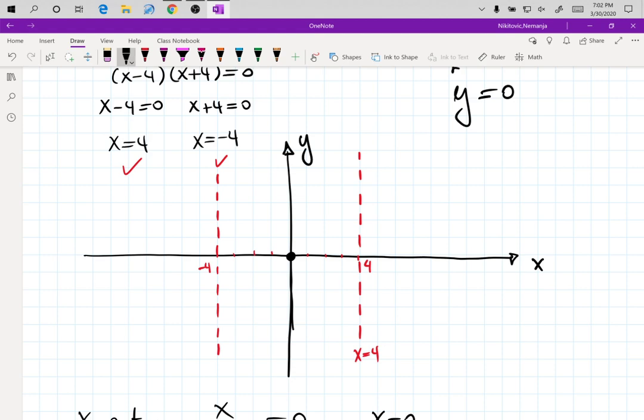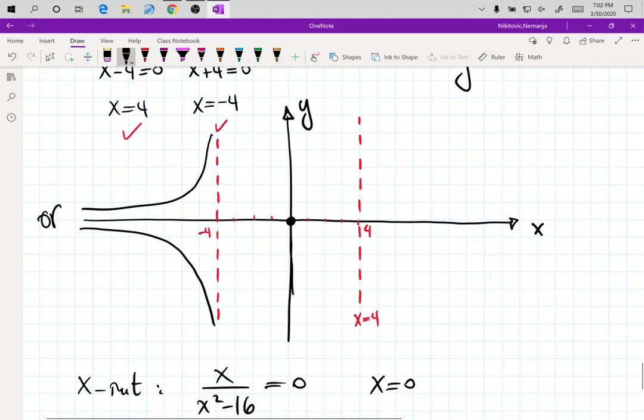Good. Now, the function has to go through it. Now, because there are no other x-intercepts, this line must do either this or this. You can't have both, right? So we have to get rid of one of these two.